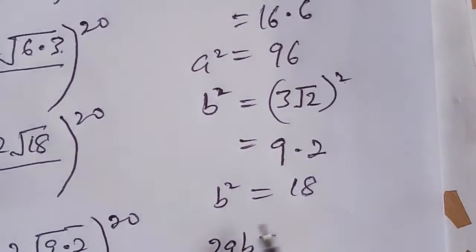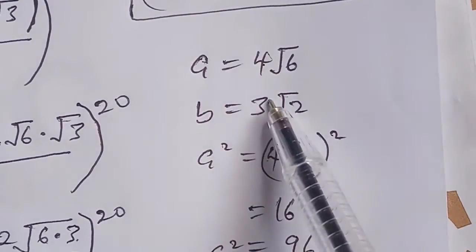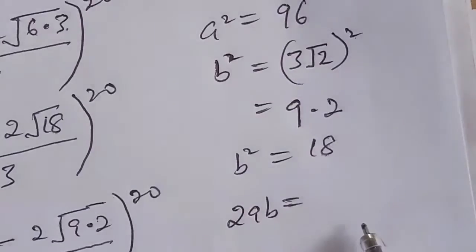So we also need to compute 2ab. We already have our a to be this and our b to be this, so we insert that over here.